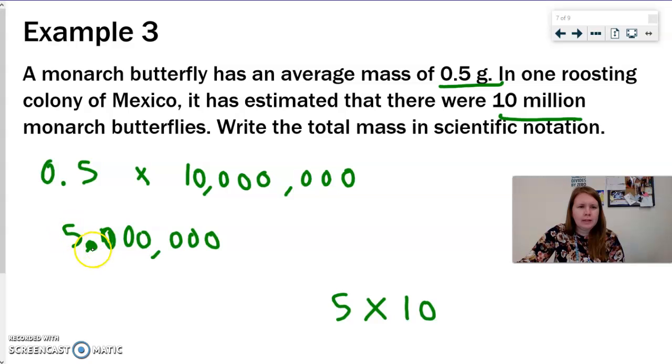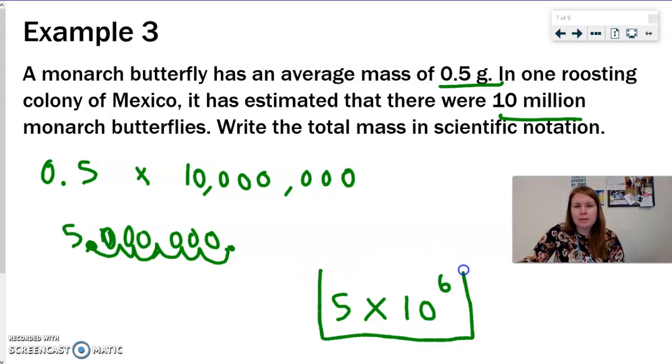How many spots is it from here to here? 1, 2, 3, 4, 5, 6 it looks like. It's a larger number, so I'm going to have a positive 6. And here is how I would write this solution in scientific notation.